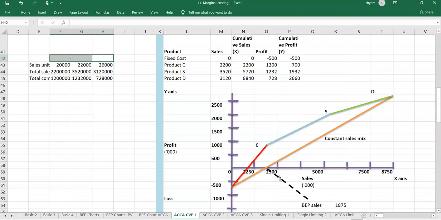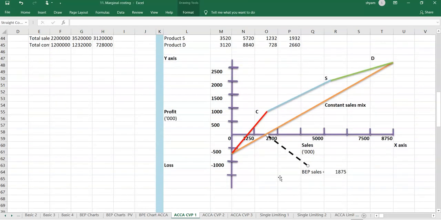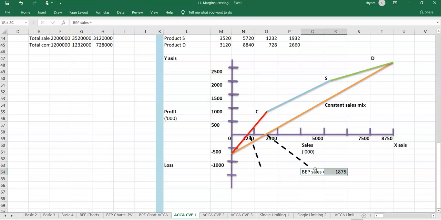So why do we have this concept? This concept helps us to tell that when we sell a product of higher profitability, we reach a faster break-even point. If you see, the break-even sales would actually be quite less.